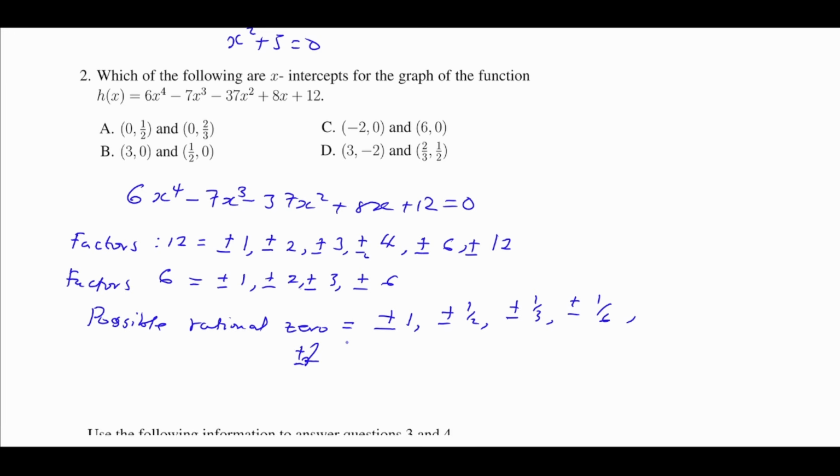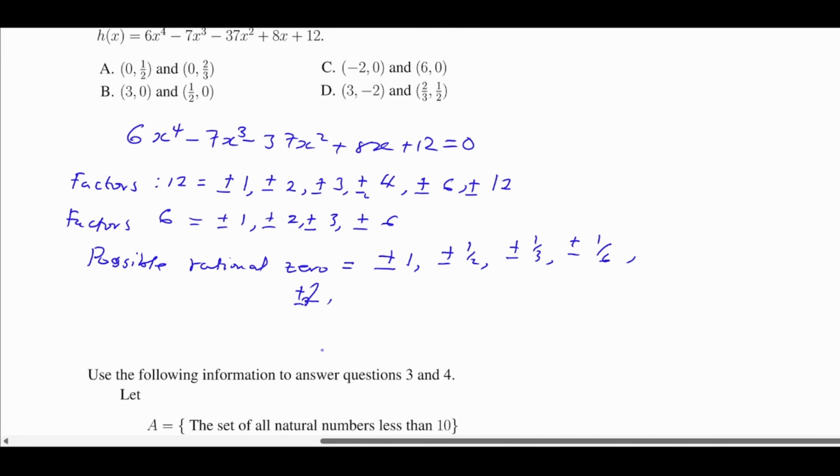Then we test these values. We put the values in, and the one that gives me 0 is x minus 3 equal to 0. When I put 3 in, I get 0, and so 3 is a factor.